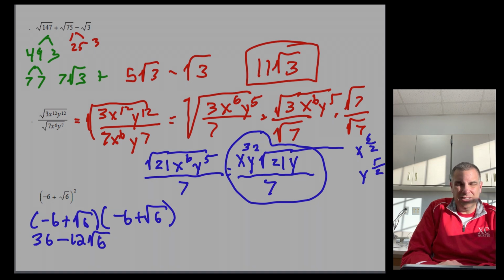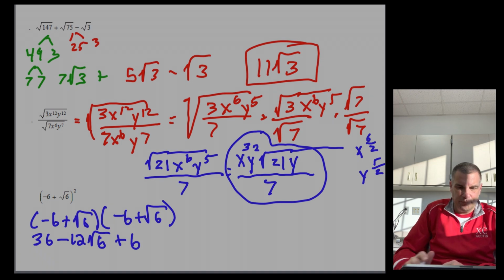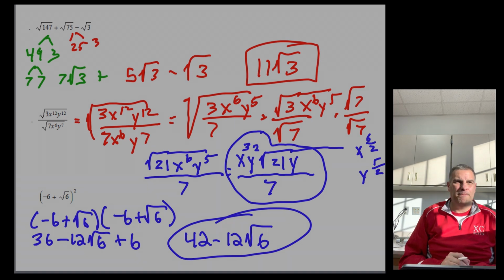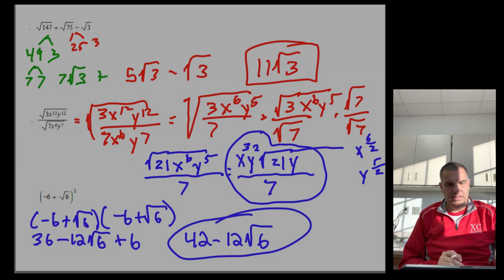Plus, radical 6 times radical 6 is radical 36, but radical 36 is just 6, so plus 6 more. When we add these together, 36 plus 6 is 42, minus 12 radical 6. And there's your solution. FOIL: first, inside, outside, last.